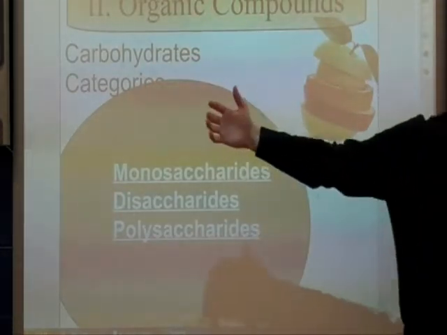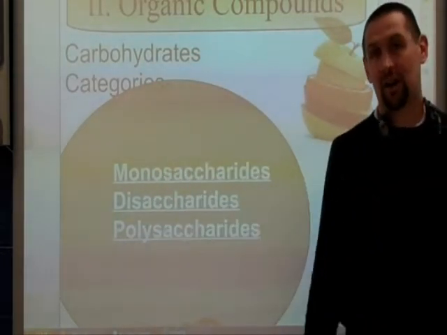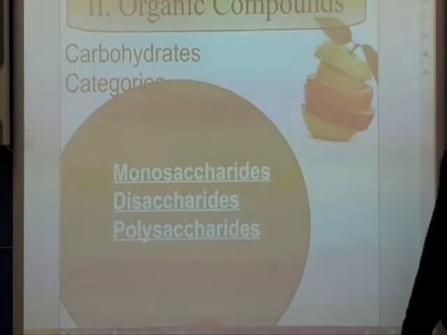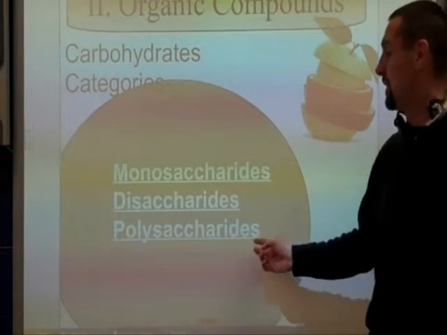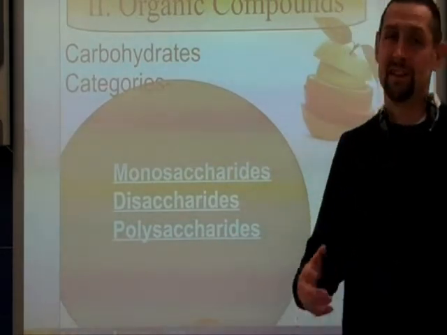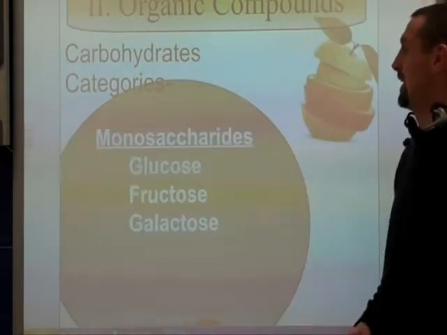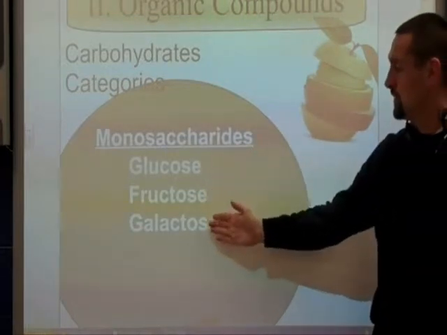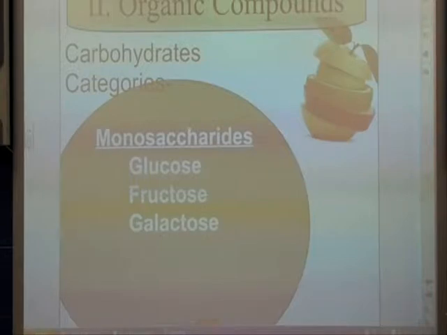Polysaccharides are super big carbohydrates. Things like glycogen, starch, cellulose. The carbohydrates we would find in things like spaghetti. So let's take a look at some of these categories then. Here are some examples of monosaccharides: glucose, fructose, galactose.